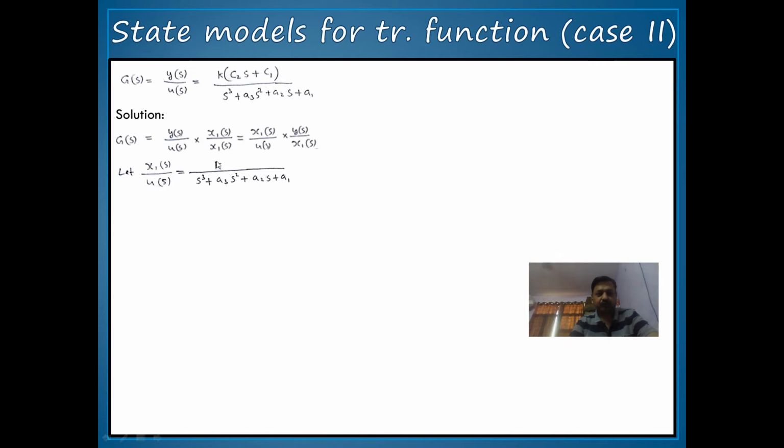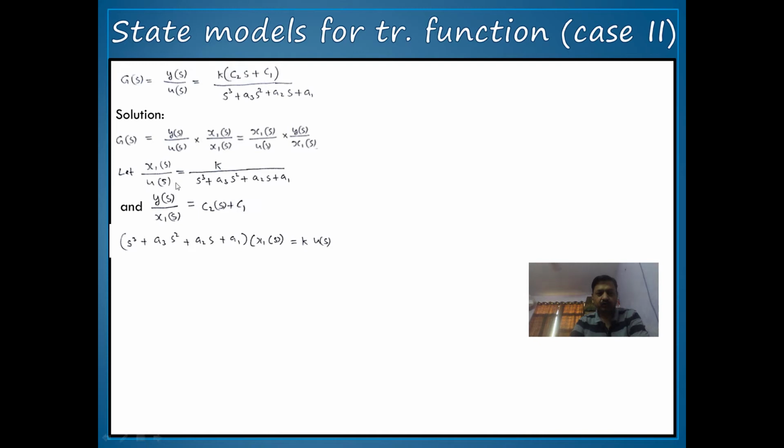The second part, Y(s) upon X1(s), is taken as c2 s plus c1. This is the particular assumption we have to take in the case 2 type. However, it is not needed in case 1. Let us continue.